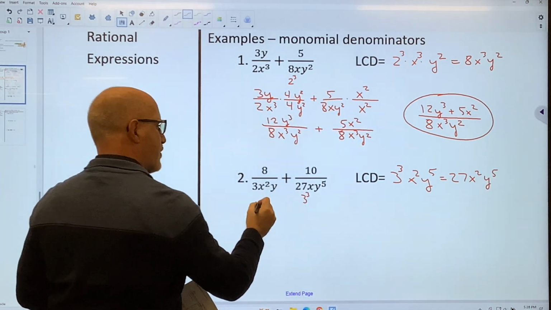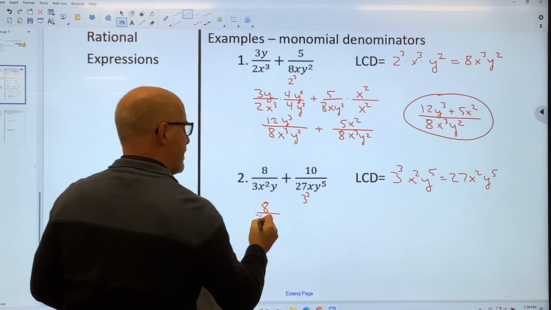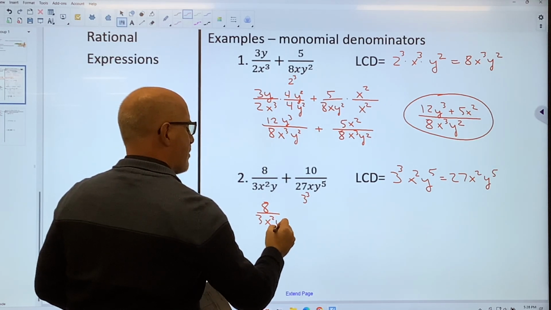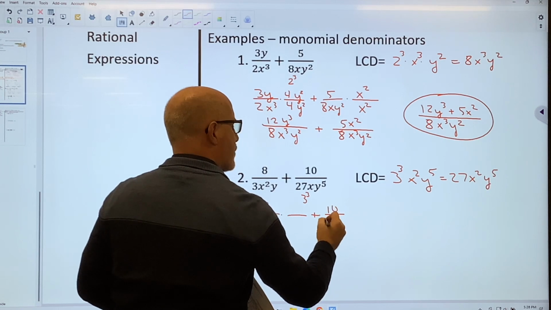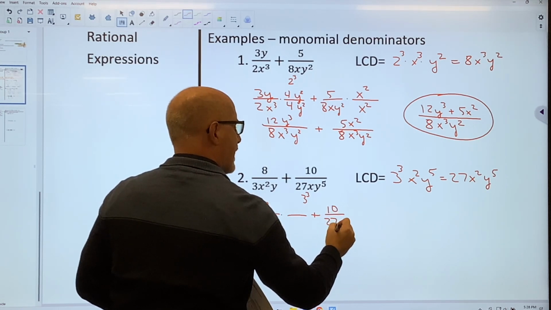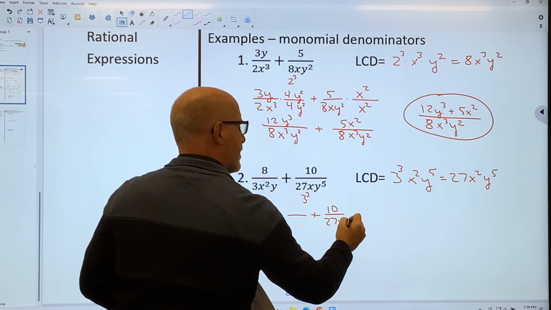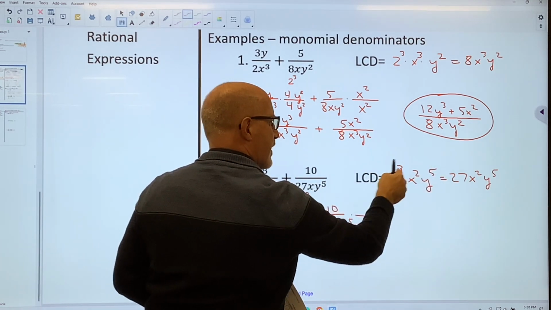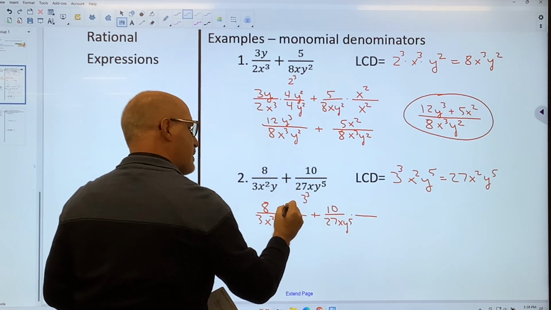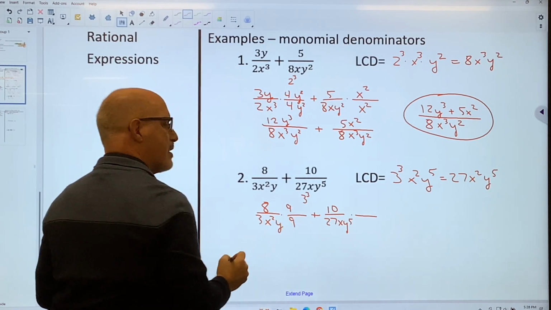Now I take this first one, and what is it missing in order to complete it to have a common denominator, in the 10 over 27 x y to the 5th? Well, this one has a 3, I need a 27, I need a 3 cubed. So I need a 3 squared or a 9 to complete it.